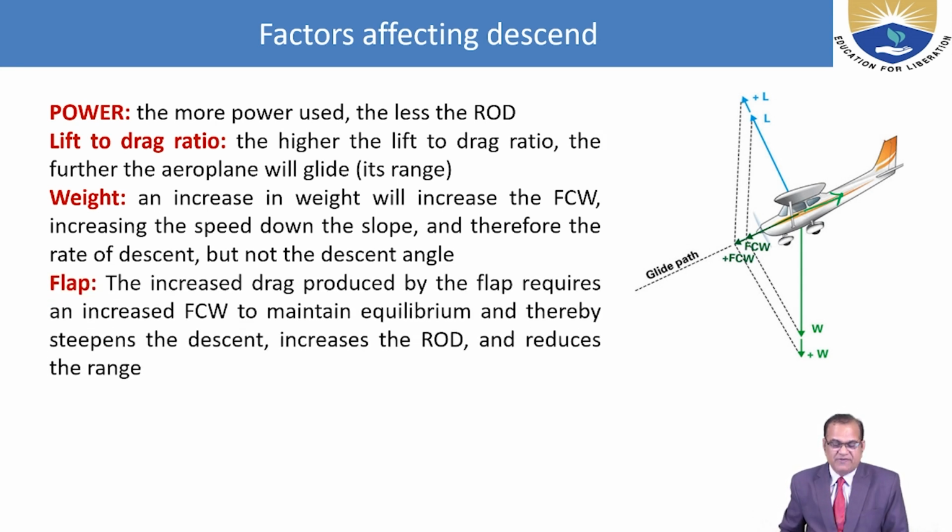Flaps: if you use the flaps, the increased drag produced by the flap requires an increased FCW to maintain the equilibrium and thereby steepens the descent, increases the rate of descent and reduces the range. So if you are using the flap, it is not a good option.